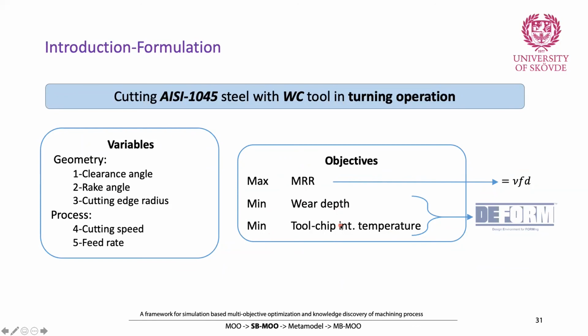You want to minimize the temperature on the interface between the tool and workpiece, and you want to minimize the wear depth. You don't want your tool to wear out very fast. These two objectives were obtained by running finite element simulations in DEFORM. And I had 5 variables, 3 sets of geometrical variables, and 2 sets of process variables.